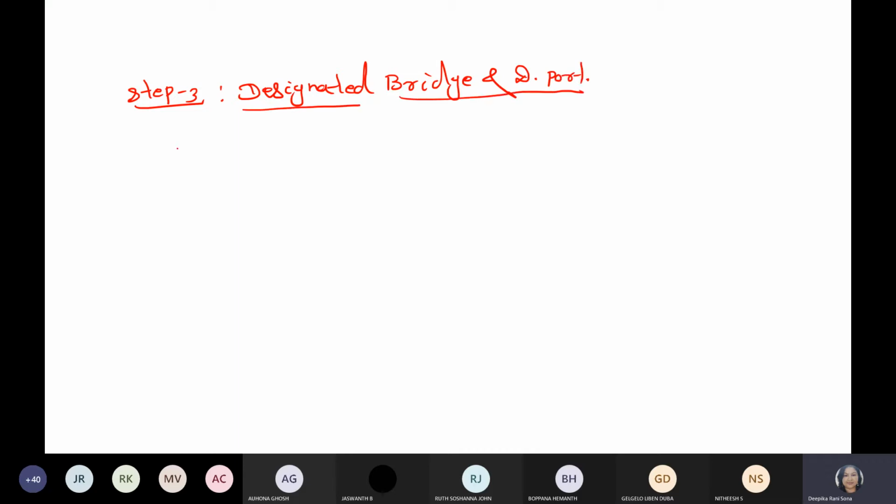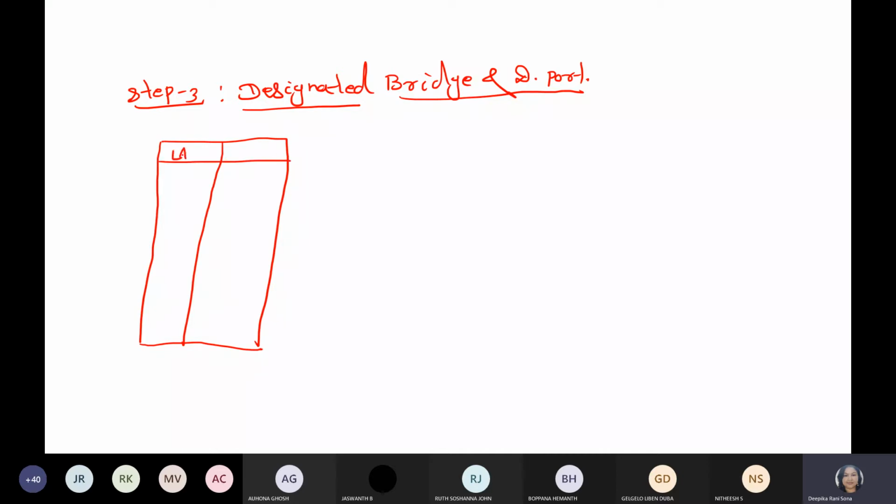So how are we finding this? With respect to the available LANs, we are finding the designated bridge and designated port. So how many LANs are there?